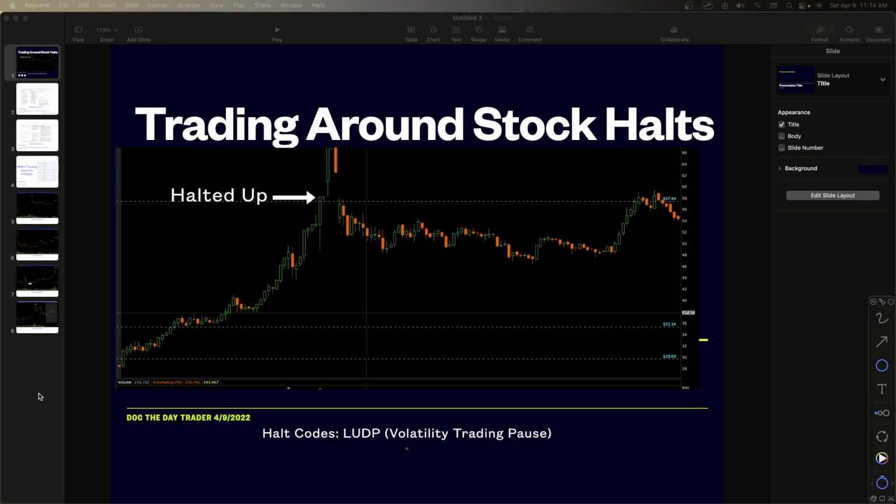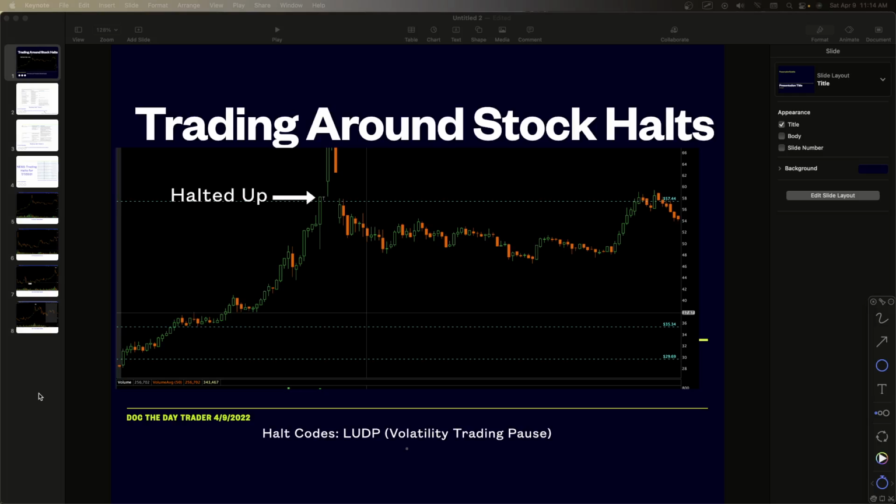So what you'll see is the candle will stop moving. Okay, if a stock's getting ready to halt up, that candle's going to be ripping up, right? Well, that candle will stop moving. And then on your level 2 or ladder, whatever you're looking at, and your time and sales, you'll see that the buy orders are getting bigger.